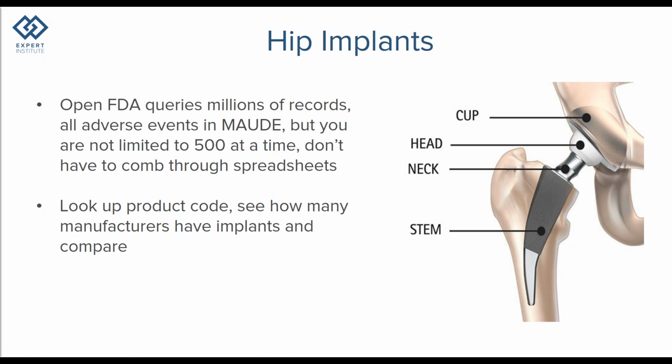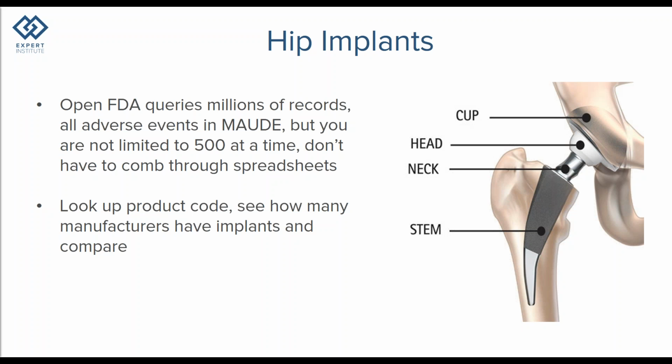But when I had spoken to Expert Institute and they told me about looking into vaginal mesh or hip implants, it turns out that there are way more than 500 records. And in fact, there's something like 500 records every 2 weeks.